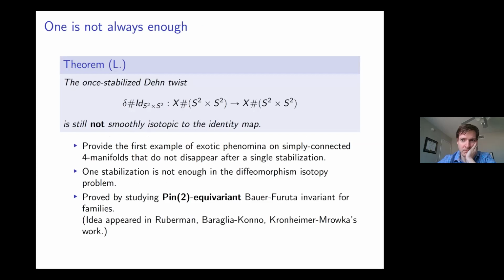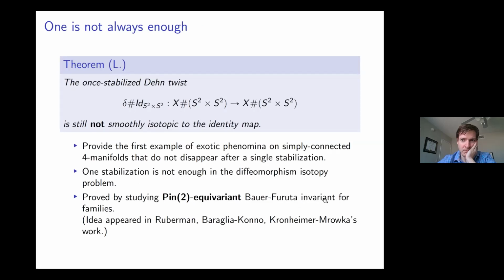And let me say, this idea of using this family version of gauge theoretic invariant to study the smooth isotopy problem was first given by Danny Ruberman in the 90s, and this idea of using this equivariant Bauer-Furuta invariant appeared in a lot of earlier works, in particular Baraglia, Konno, and Kronheimer-Mrowka's work.